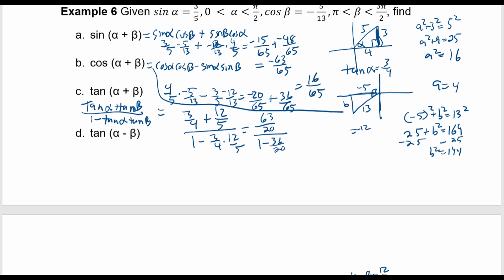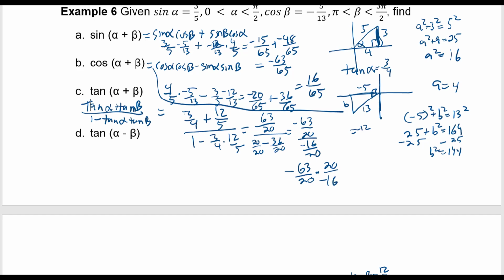Change this to a 20 over 20. So we end up with negative 63 over 20 over negative 16 over 20. So that's going to be negative 63 over 20 times 20 over negative 16.